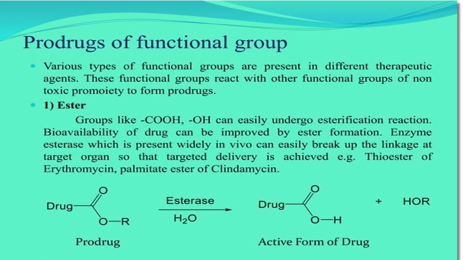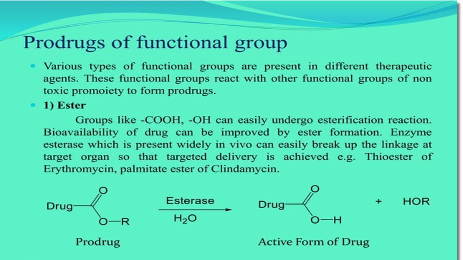Now, conversion of some of the functional groups in the case of the prodrug concept. This is prodrugs of the functional group. Through the prodrug approach, we are going to change the functional groups. Various types of functional groups are present in different therapeutic agents.